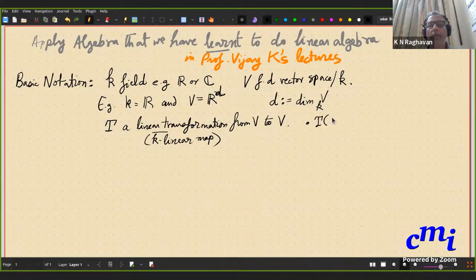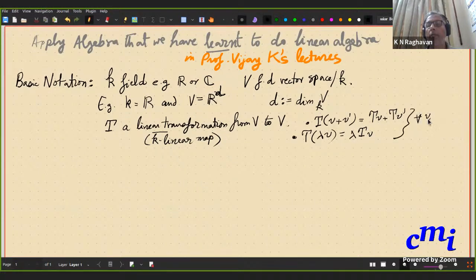T respects addition in the vector space, and T respects scalar multiplication, so T(λv) is λ times T(v). This should of course hold for all v and v' in V, and for all scalars λ. By a scalar, we just mean an element of the field.